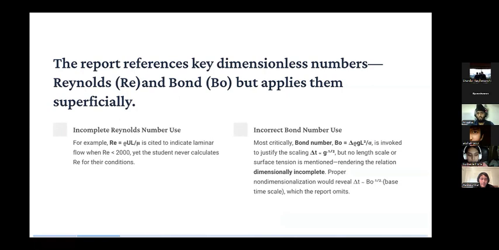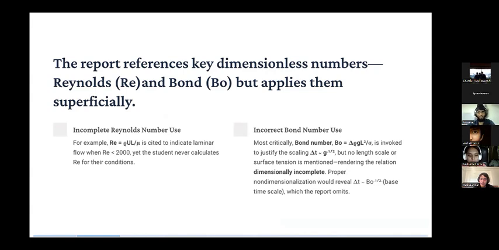For example, she cites the Reynolds number to indicate laminar flow. She says that since the Reynolds number is less than 2000, laminar flow is visible, but she never really calculates the Reynolds number for their conditions.